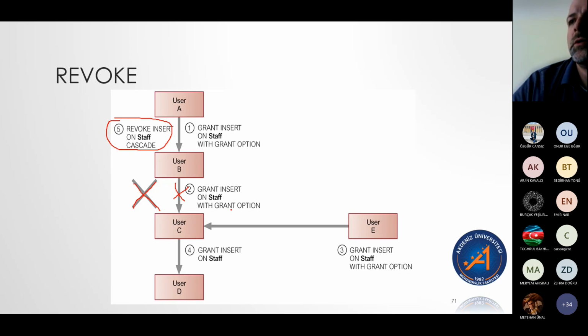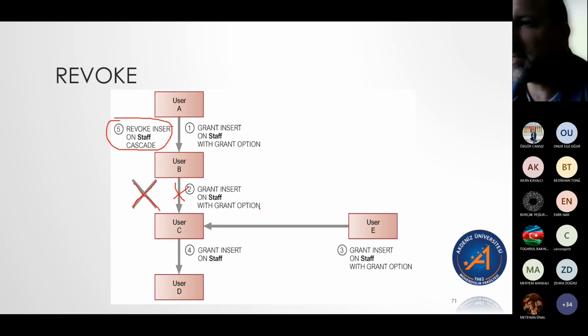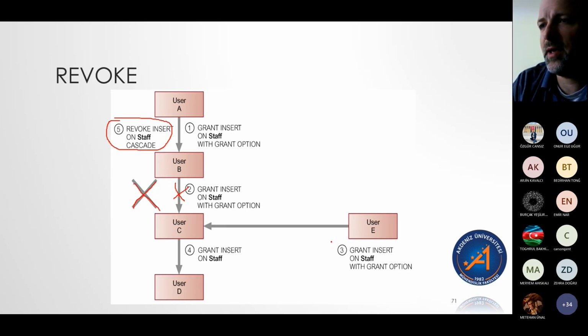So let's say this had not been in place. Let's say when user E grants insert on staff, they don't use the with grant option.